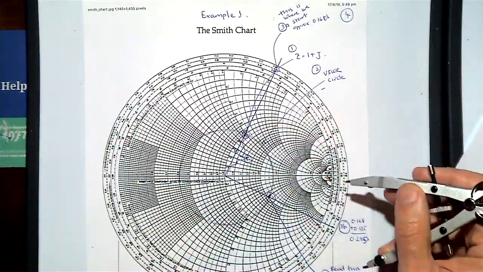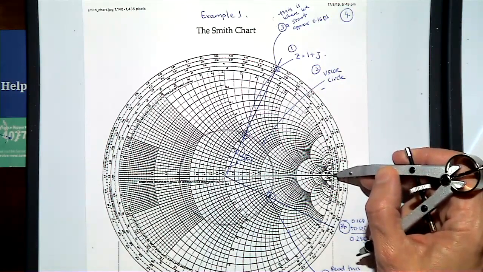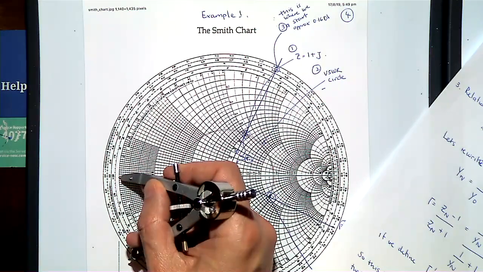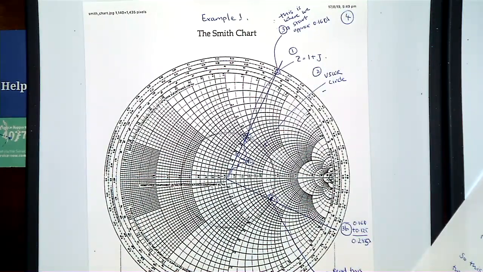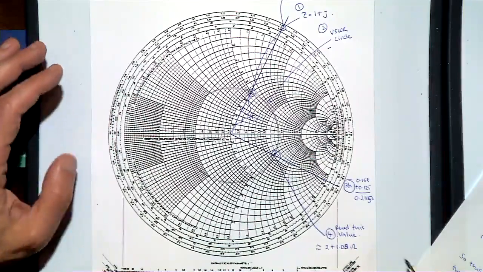What we've also got at this particular point is infinite impedance, and at this point zero impedance. Let me give you a little bit of a tour of the Smith chart.